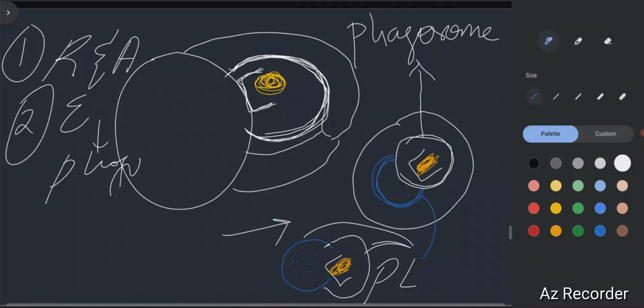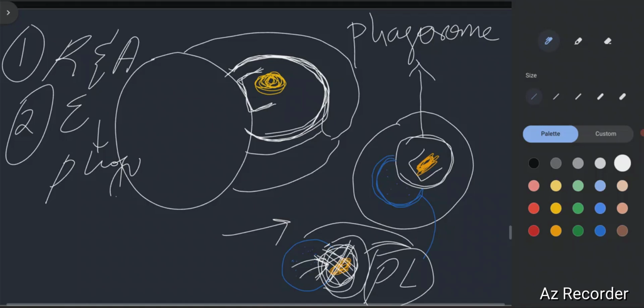Phagolysosome, right? Now what will neutrophil or macrophage do? They secrete these lysosomal enzymes on this receptor and antigen complex. This receptor antigen complex will be destroyed. Whole of it will be destroyed.